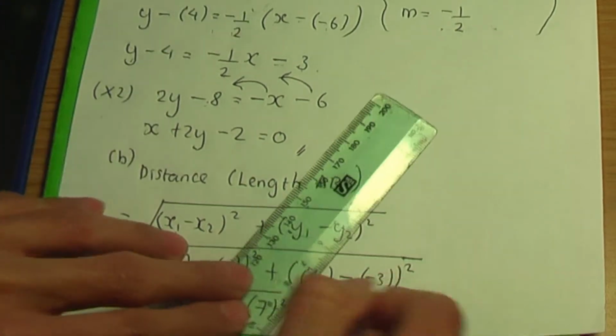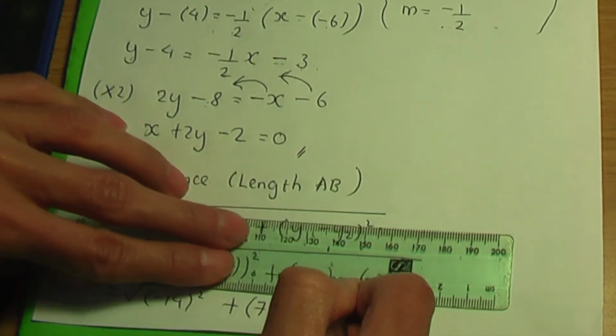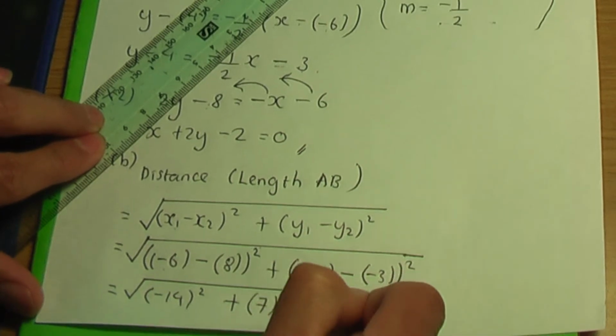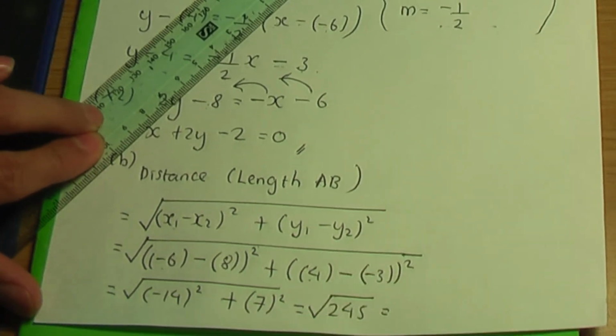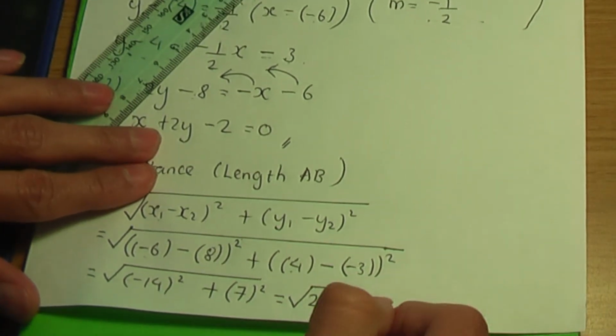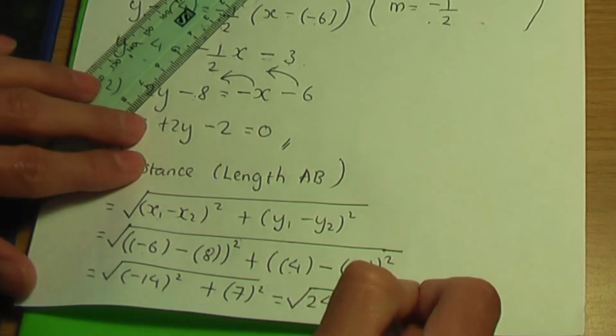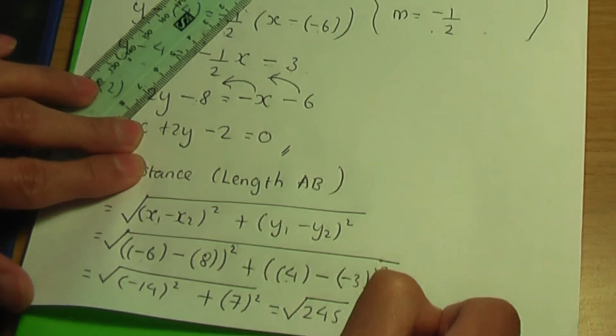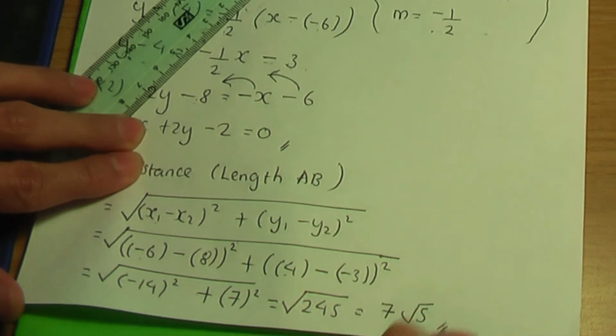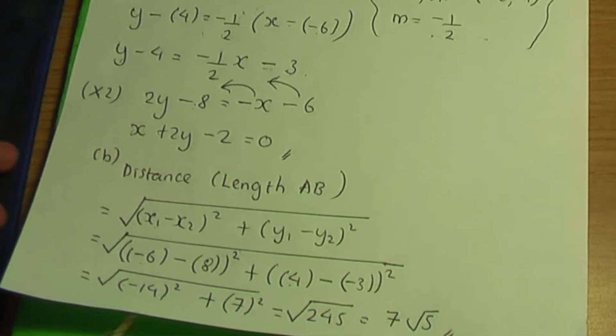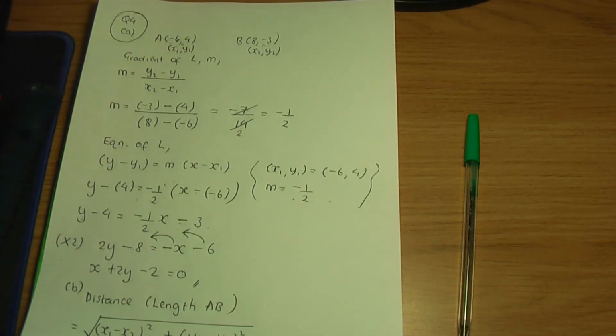When you simplify that term under the root, that should give you the root of 245. And the root of 245, you can break that down to give us 7 root 5. So that should be your simplified form, the simplified surd, and that should be the solution to part B of this problem. Not only is that the solution to part B, that ends this question.